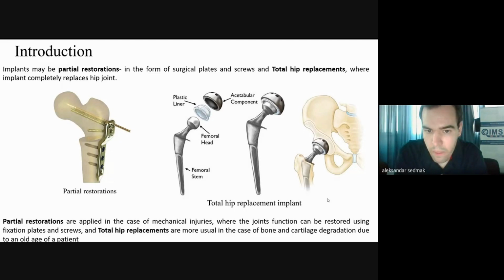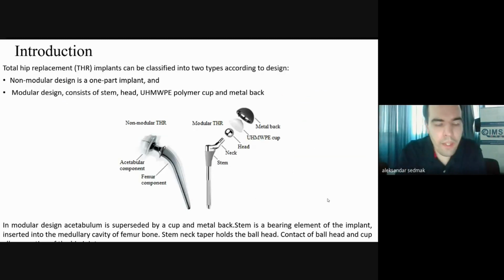It is a UHMWPE based polymer cup. And above it, you have a metal cup which is placed and screwed, fixed in the acetabulum bone of the human pelvis.